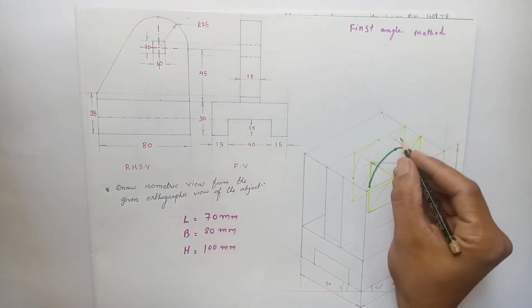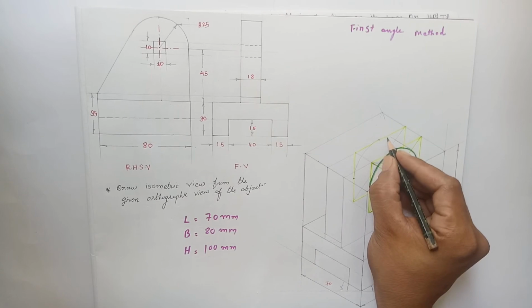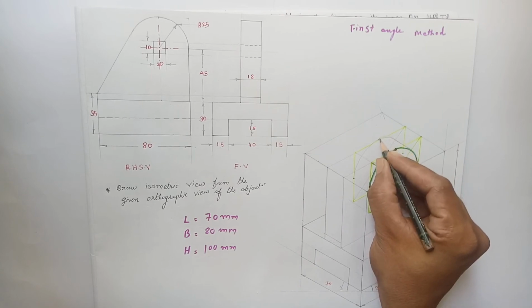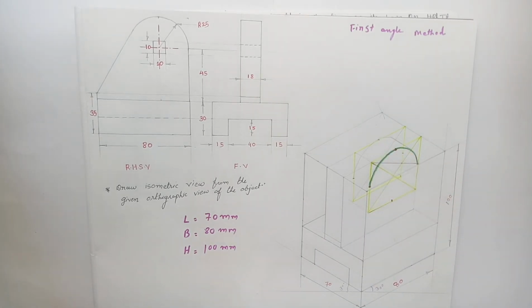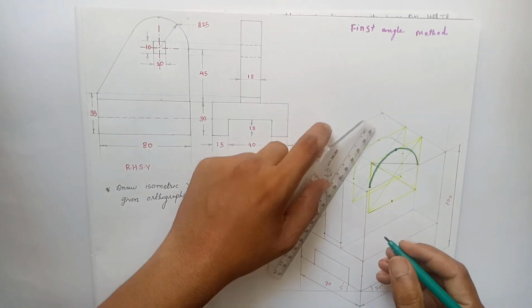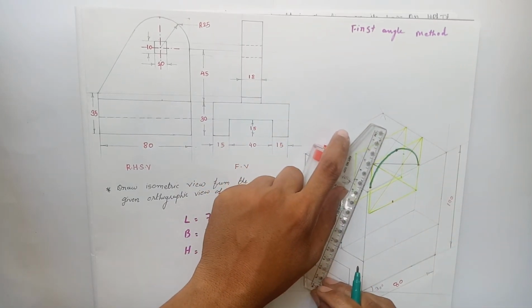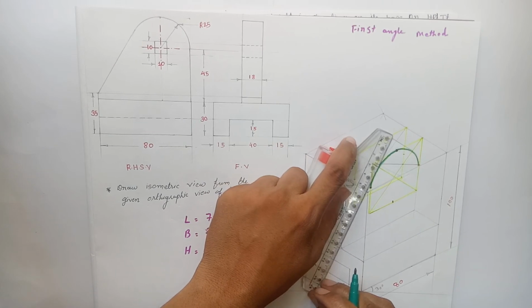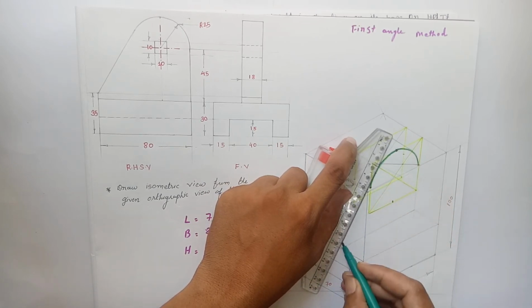Draw this line and complete this part like this. Now connect this part to these points, and it should be tangent to the circles. So form a tangent to the circular arc like this and connect this part.